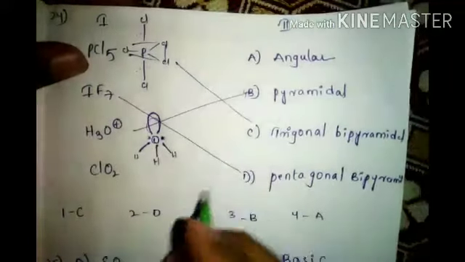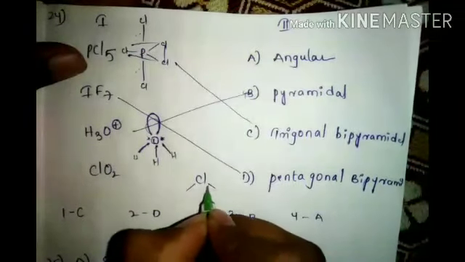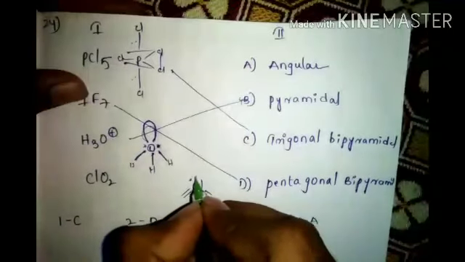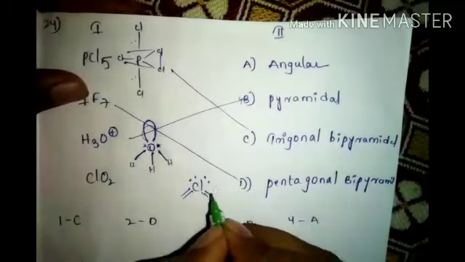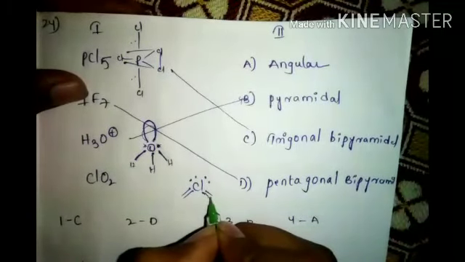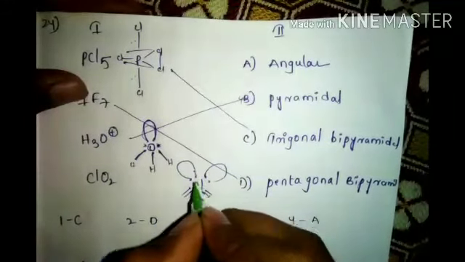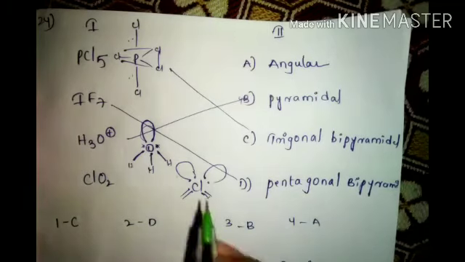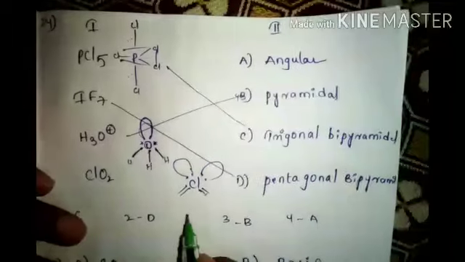And ClO2. It is Cl, O2 double bond, 1, 2, 3, 4, 5, 6, 7, 8. So one is a coordination bond. So this is angular, not this. It will come like this.